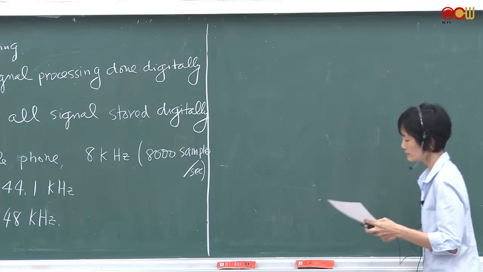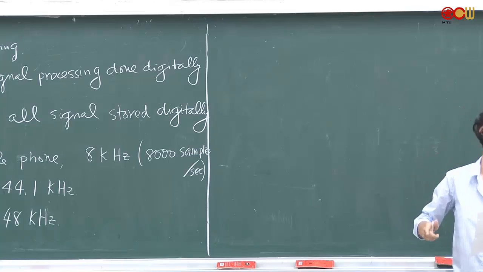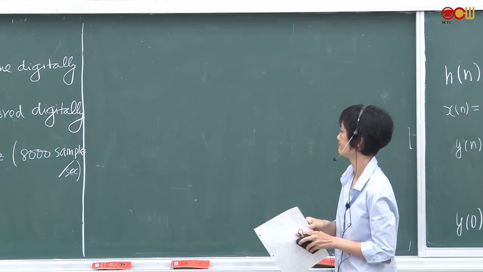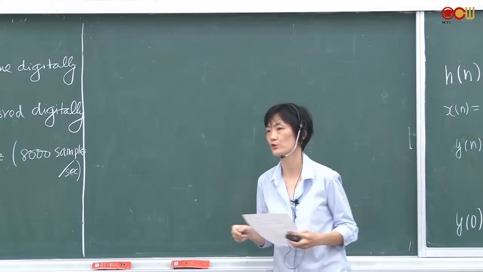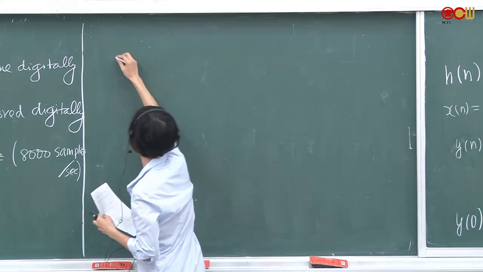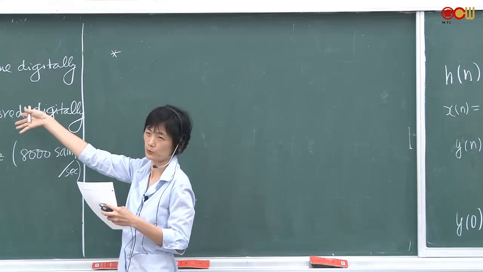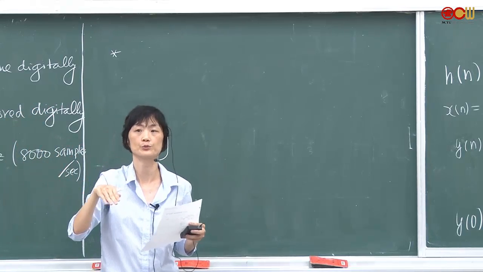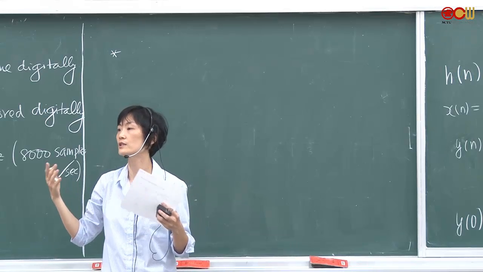Okay. So that brings us to the very important question of reconstruction. Because we don't just take those samples so that the signal can sit in our computer forever, right? We want to use it sometime later.